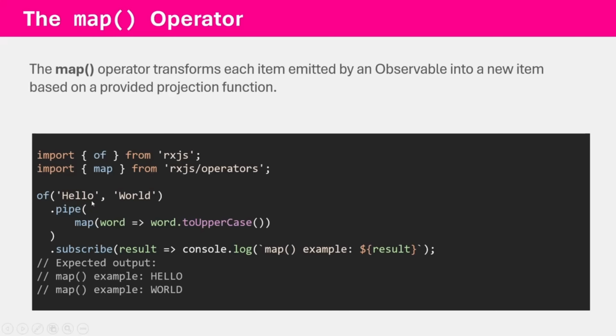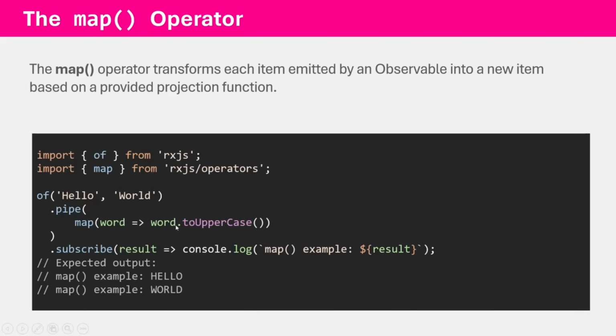And when we want to transform the data, we can use this map operator. If you look at this map operator, we are passing a callback function. Here we are using arrow function syntax. So this callback function is taking one parameter which we are calling word. So in this example, this word is going to receive each emitted value, and that emitted value will be transformed. It will be converted to uppercase.